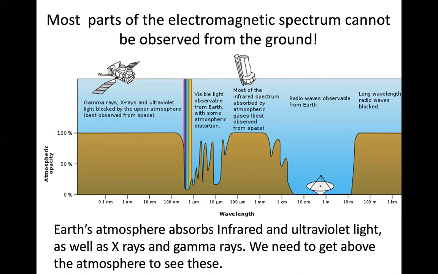But it does pose a problem to telescopes. The telescopes we have, we can't use ultraviolet, X-ray, or gamma ray telescopes here on Earth. They just can't see through the atmosphere. So that's a problem. Turns out that the atmosphere does kind of restrict what wavelengths we can look at.